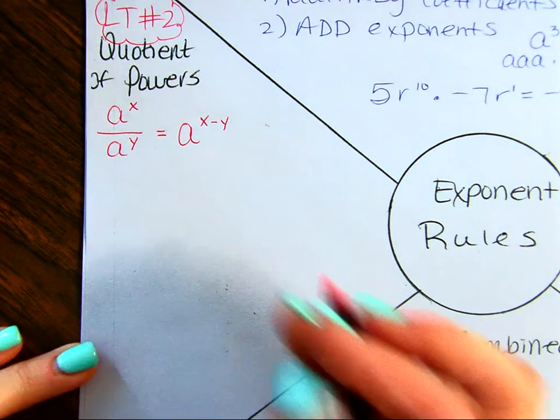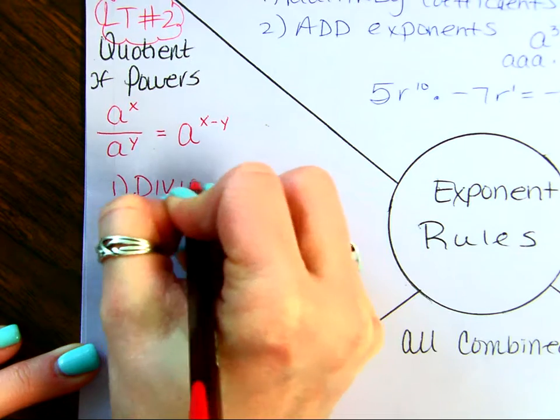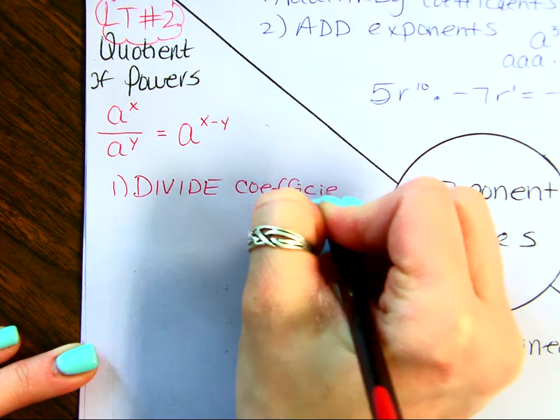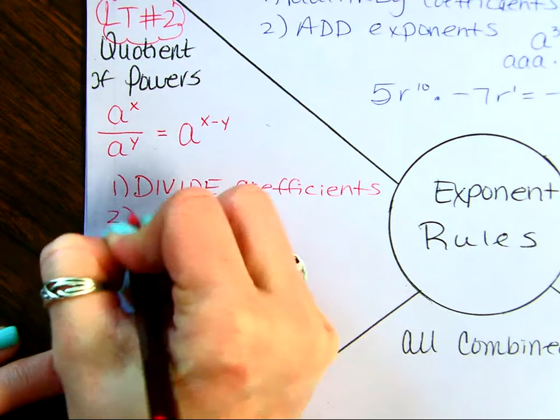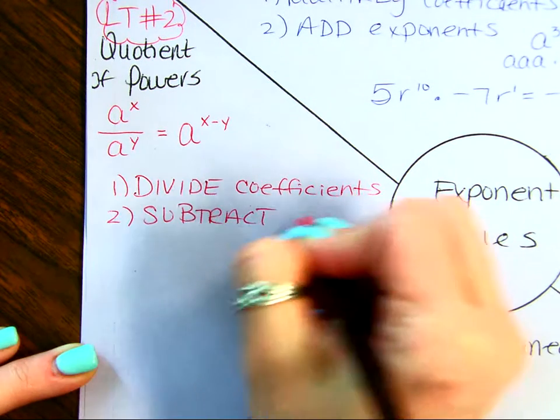So what that looks like here is for number 1, we divide the coefficients. And this time we subtract the exponents.